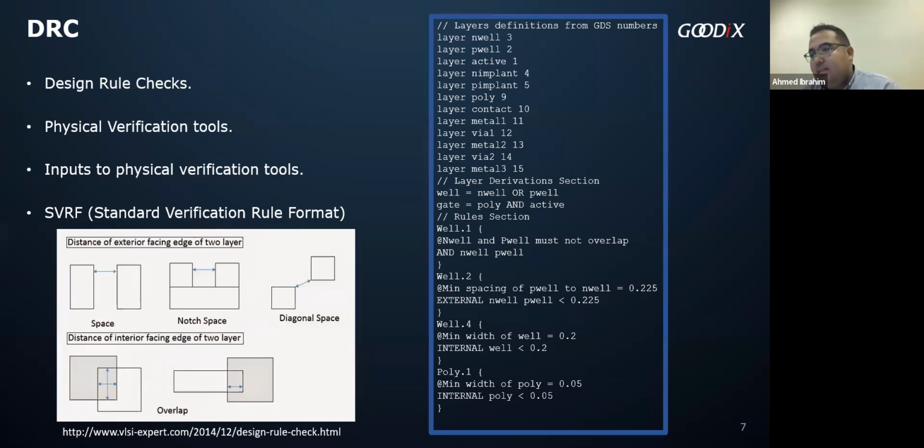All of that will affect the functionality, performance, yield, and everything. So foundries need to find a way to assure the designers that their design would actually work after tape out.